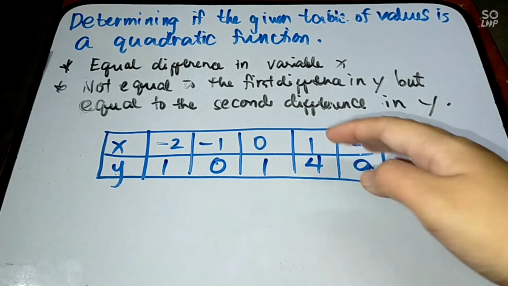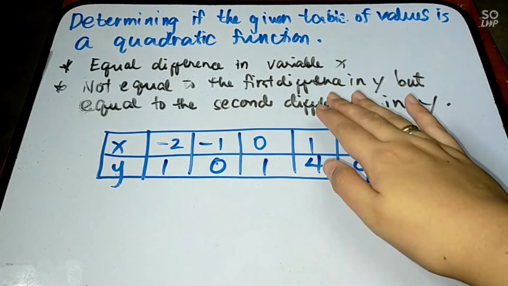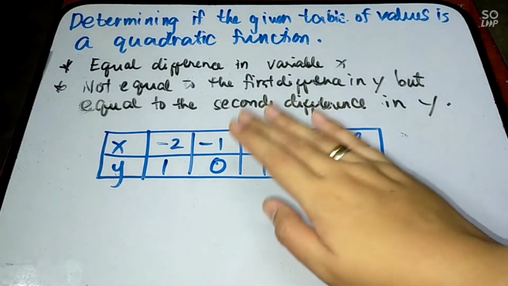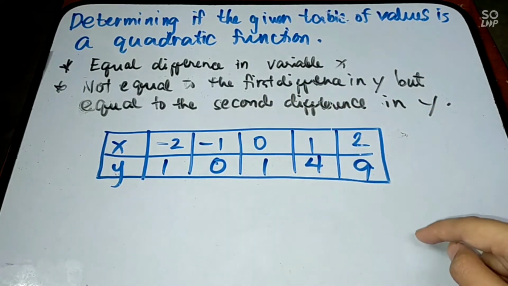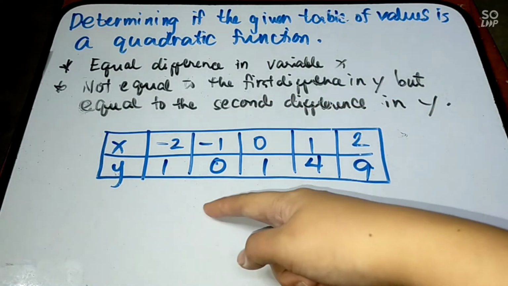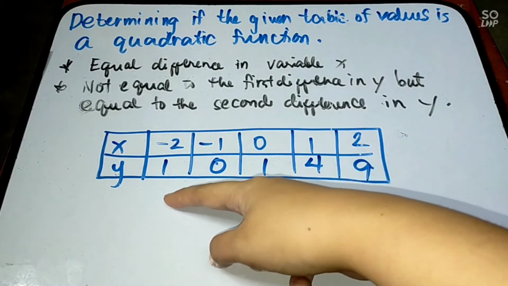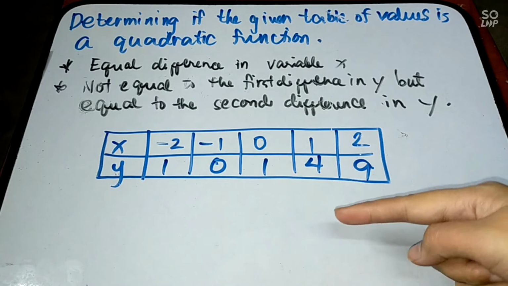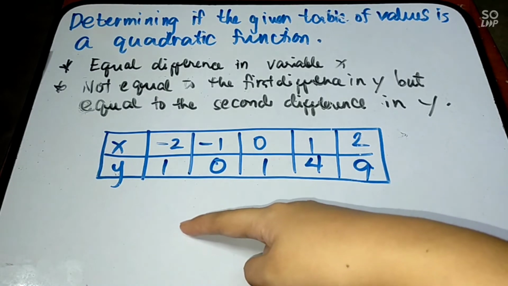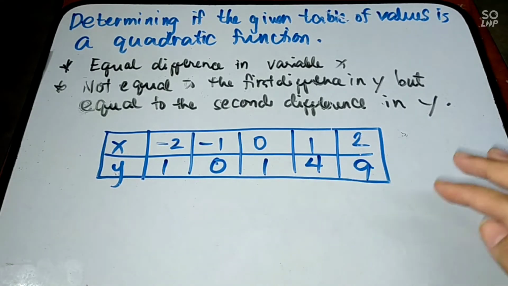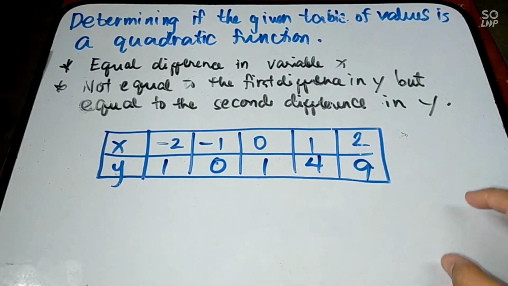Next, second, not equal to the first difference in y, but equal to the second difference in y. Meaning, kapag sinubtract mo daw yung difference nitong y na to, kailangan hindi sila magkakaparehas. Then, yung mga sagot mo doon, pag kinuha mo ulit yung kanyang difference doon, kailangan magkakaparehas na sila. So, kapag magkakaparehas na sila, therefore, this one is a quadratic function.